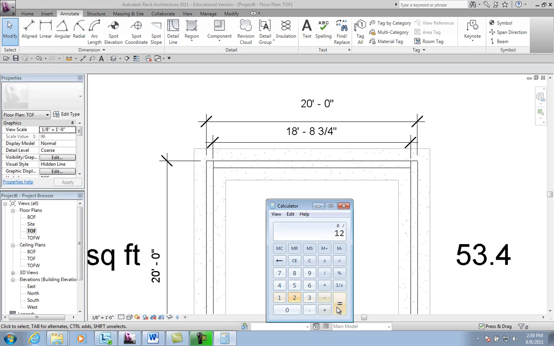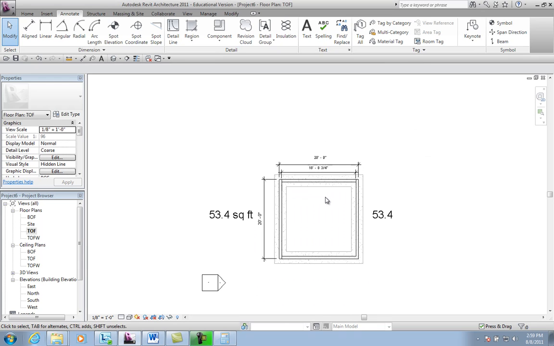Take your 8 inches, divided by 12, 0.66. Now that we have those numbers figured out, 18.729 times 2.67.